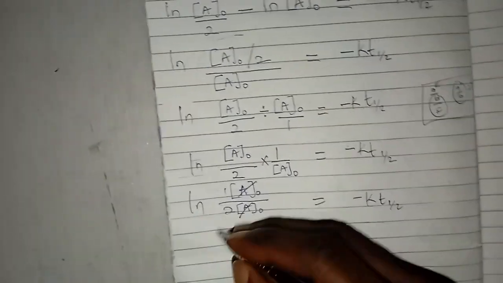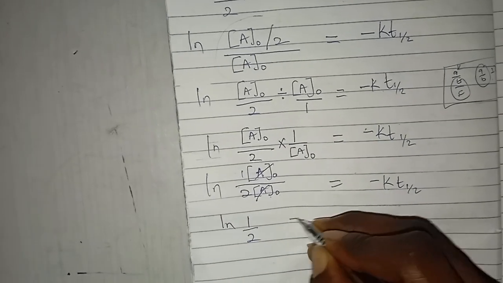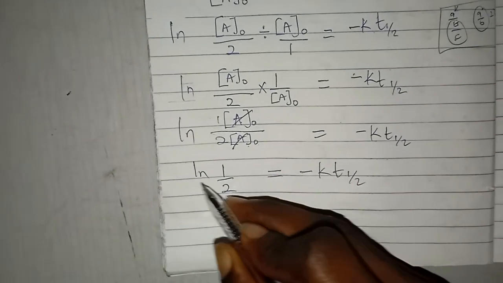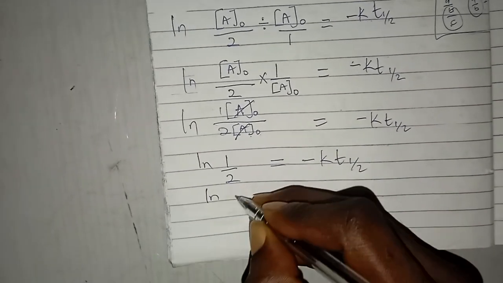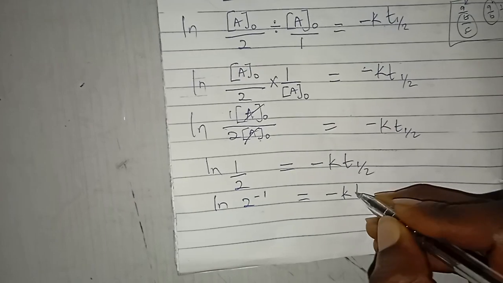That means there's 1 up here. So this is now ln 1 over 2 equals minus k t half. And you need to know that this is saying ln 2 raised to the power minus 1 equals minus k t half.